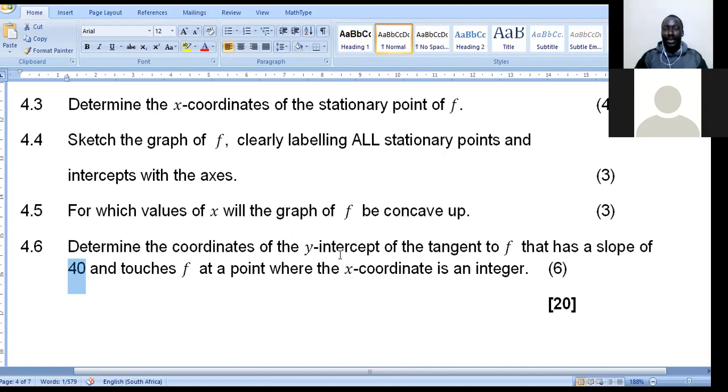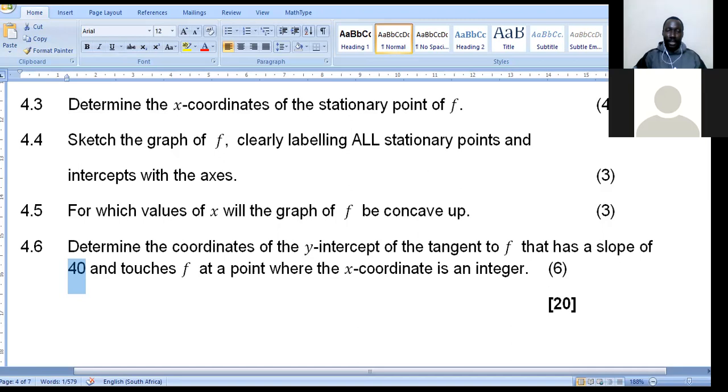This is a very interesting question. Well, to determine the tangent to f, we differentiate. Then after differentiating, we can substitute the x value if we want to find the gradient. We substitute the x value right inside there.